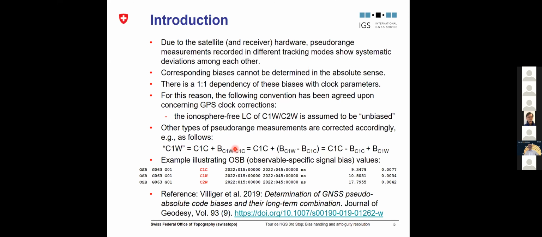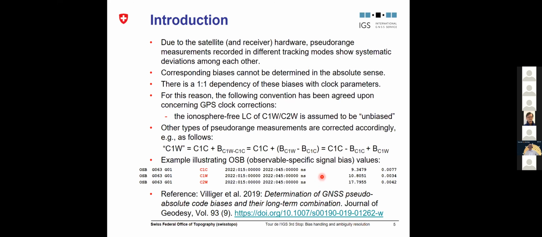So originally you added this C1W minus C1C DCB value, and nowadays CODE provides so-called observable-specific signal bias values. So they are pseudo-absolute, and here is the formulation. And below you also have specific values as an example for a particular satellite.